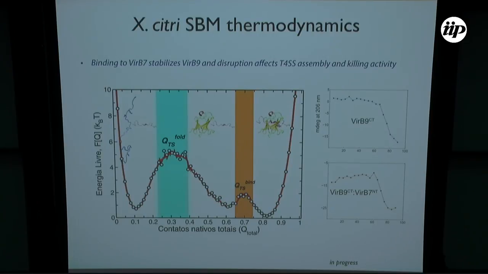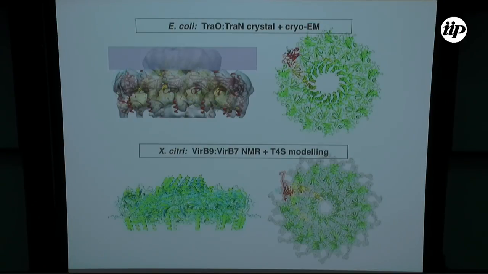But we are interested in the way that B7, which is the peptide, binds to B9, which is the main protein in the system, and it has relation to the way that the system works. So this is where we are moving now, and then we want to try to see the whole system. So this is what we are doing.